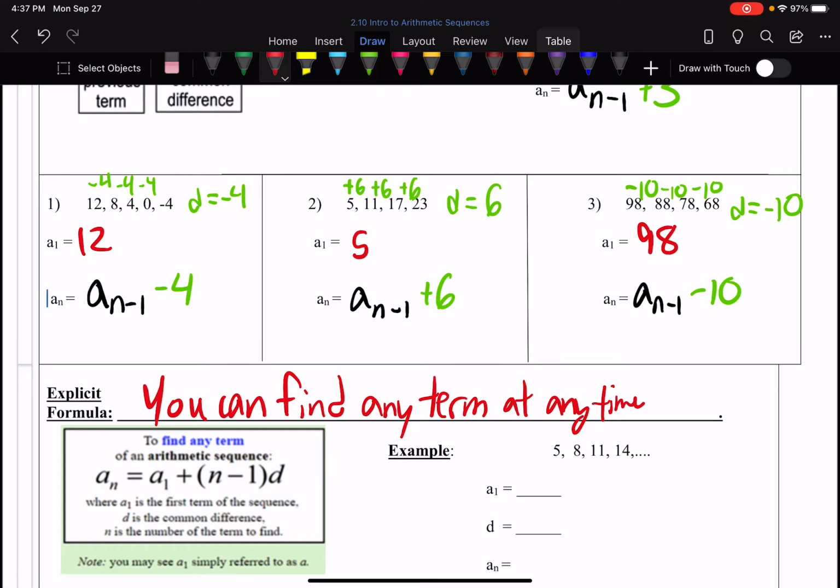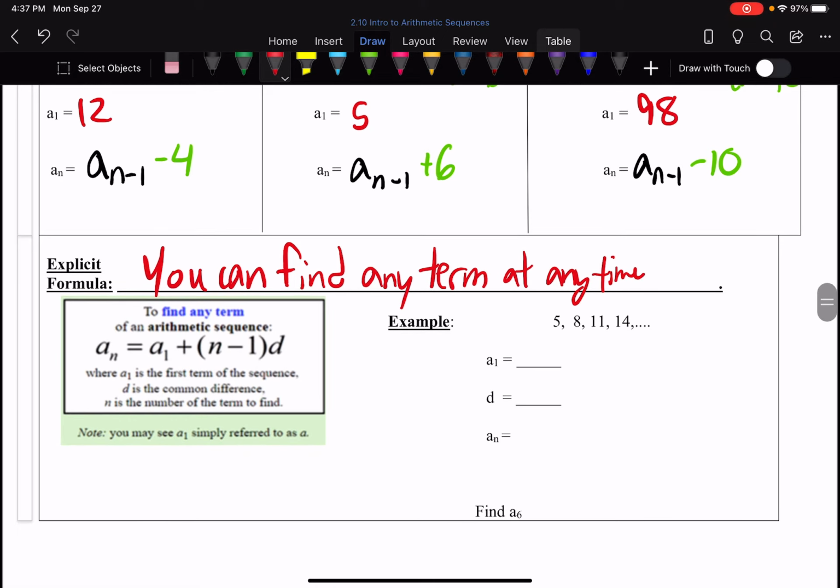So if I ask you to find, let's say, the 54th term of a sequence, and let's just say your difference is adding 10 each time, you don't want to add 10 54 times. Instead, you're going to want an algebraic formula to help you find that 54th term.